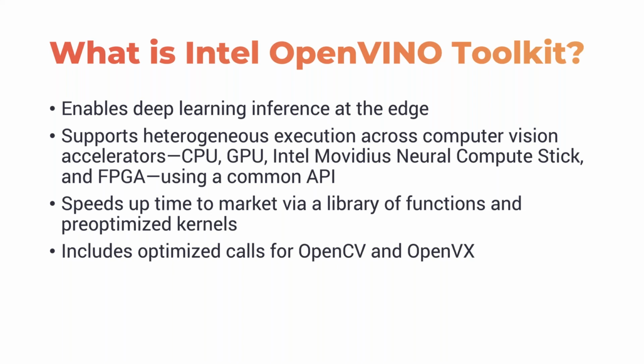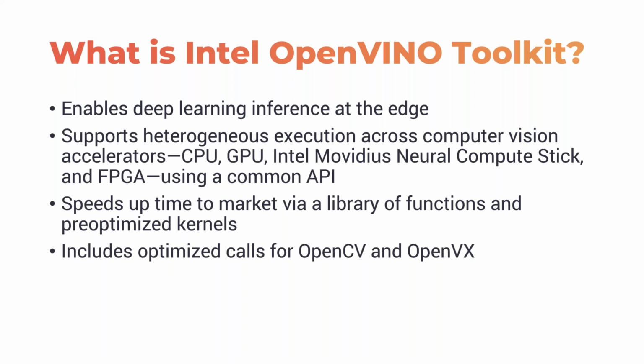The OpenVINO Toolkit essentially speeds up time to market by exposing functions and pre-optimized kernels that will accelerate inferencing of CNN models. It includes optimized calls for OpenCV and OpenVX. OpenCV is Open Computer Vision, and OpenVX is another third-party environment, again meant for processing vision computing models. And OpenVINO integrates with both.